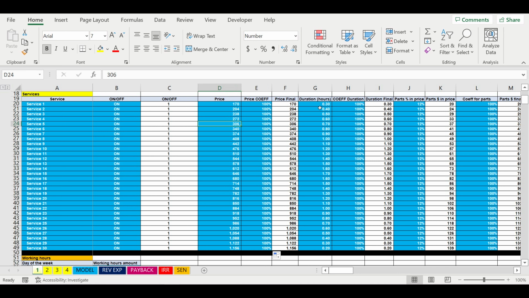Then we are moving to the duration of different services. It is very important to set up how much time it would take to, for example, change the gearbox, the engine, and so on, because we also have a coefficient for this duration. Duration affects the amount of services that you can do per day.